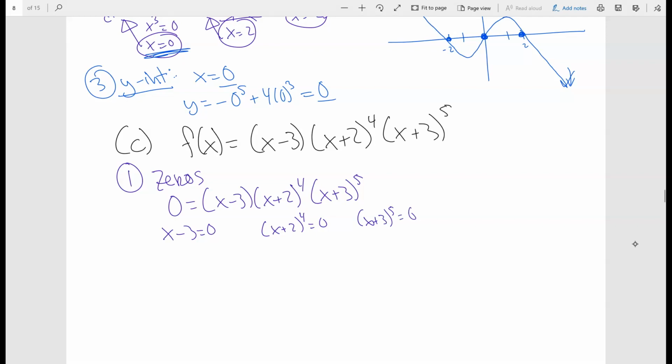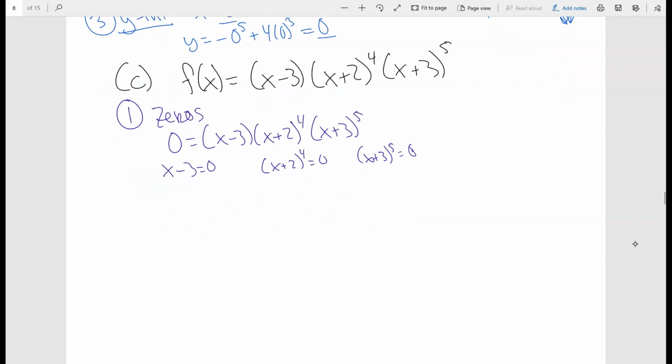So you can see here the multiplicities are very clear. This one has a multiplicity of 1, so that means it's going to cross. So at x equals 3, it's going to cross. This guy has a multiplicity of 4, which means it's going to bounce here. When I solve it, taking the 4th root to the other side is going to do nothing.